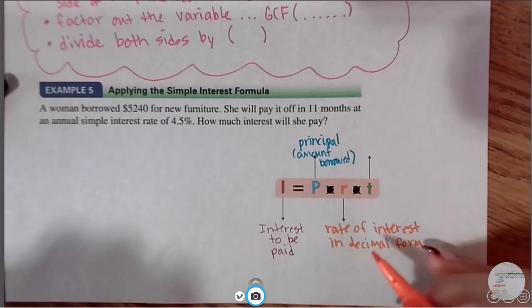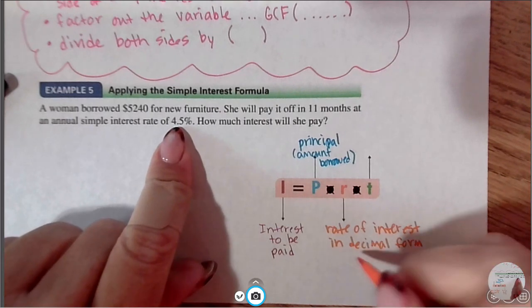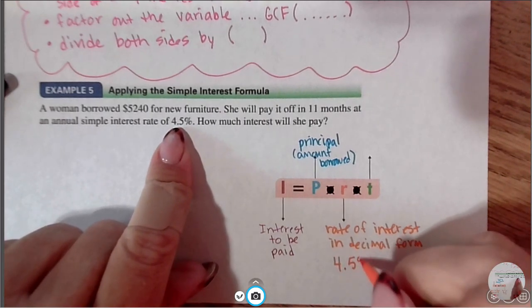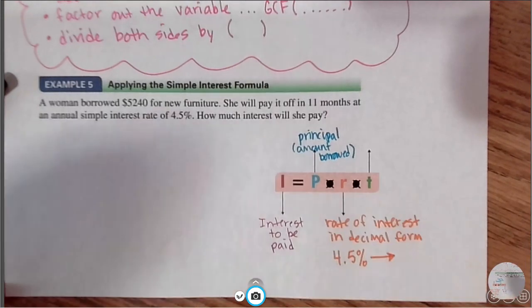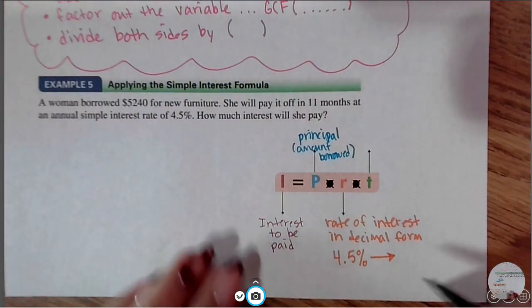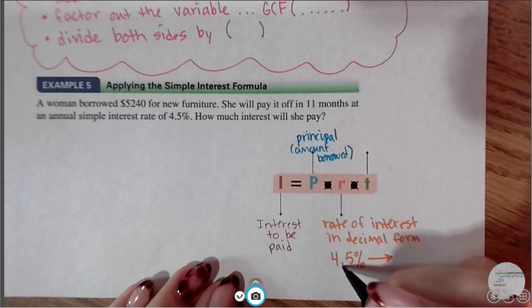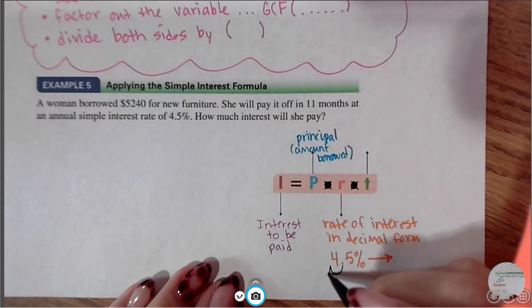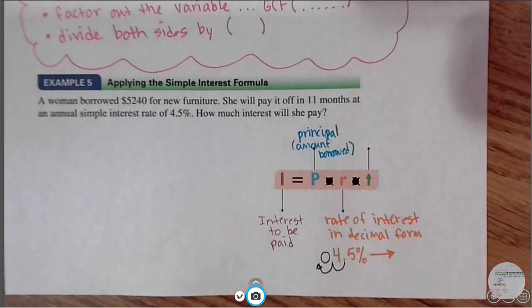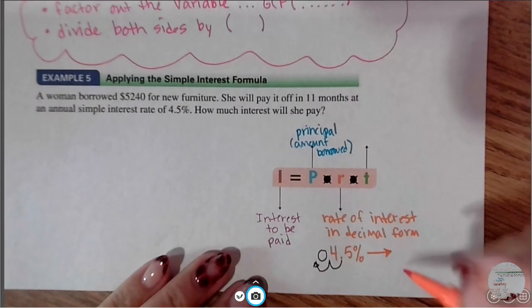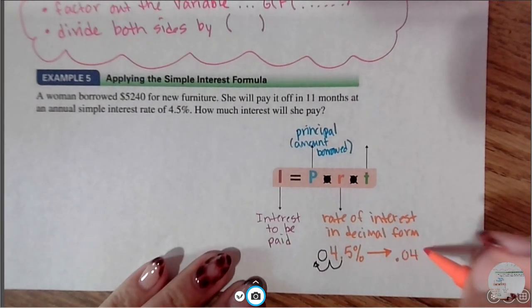So when we have 4.5%, we can't use 4.5% in our calculations. We have to turn that into a decimal by moving the decimal point 2 places to the left, filling in spaces with zeros. So we will make that 0.045.